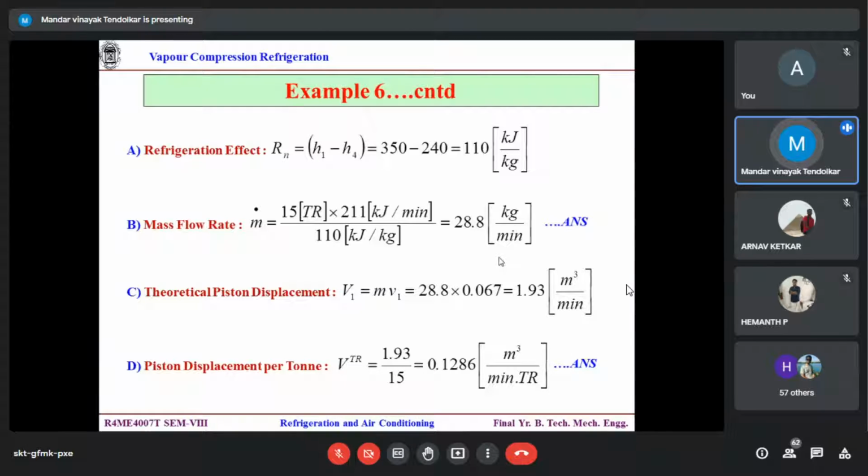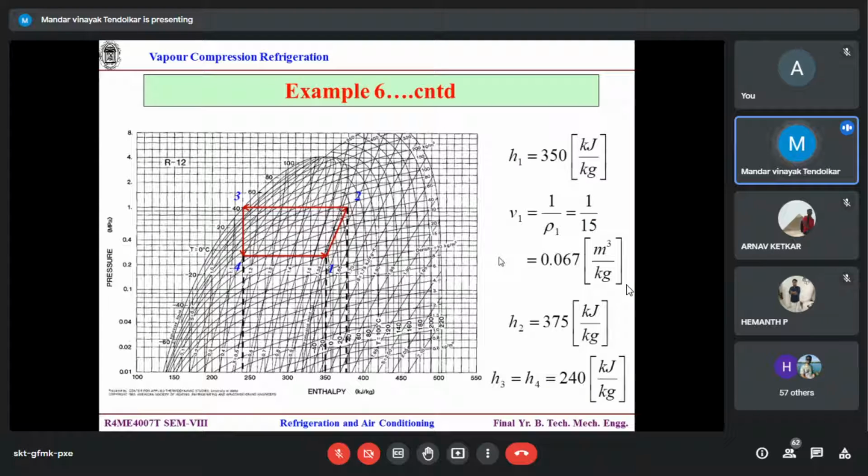Fine, theoretical piston displacement. You know the mass flow rate and V1. Now how will you read V1 from the chart? Here, this gives me the density in kg per meter cube, correct? What is the reciprocal of density? Specific volume. So you read the density at state 1.